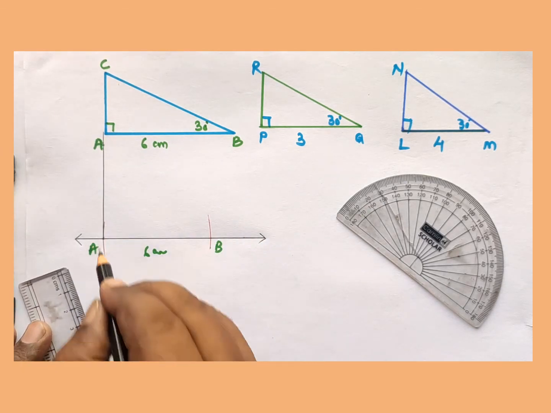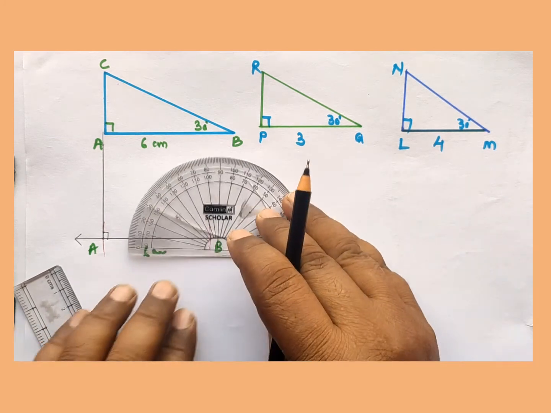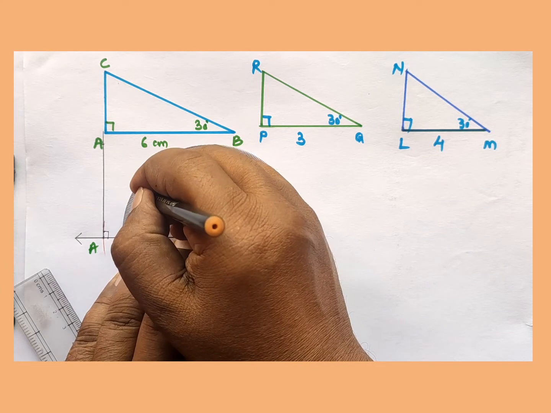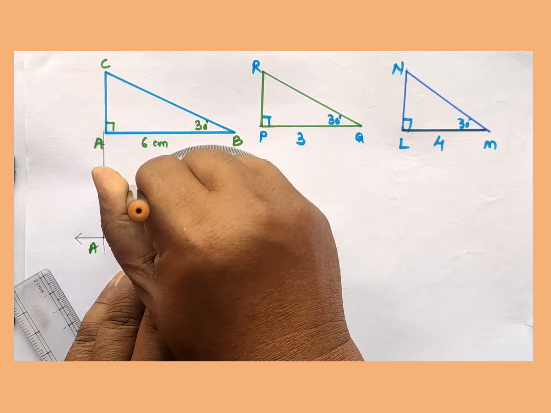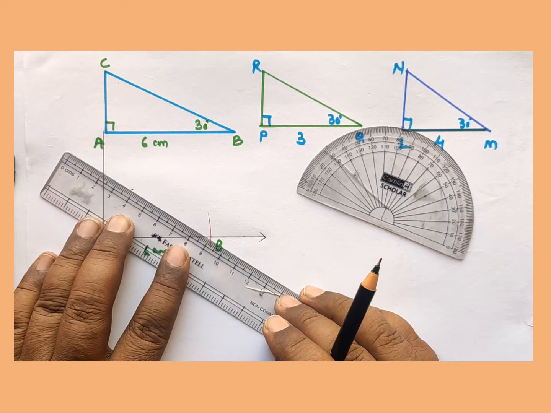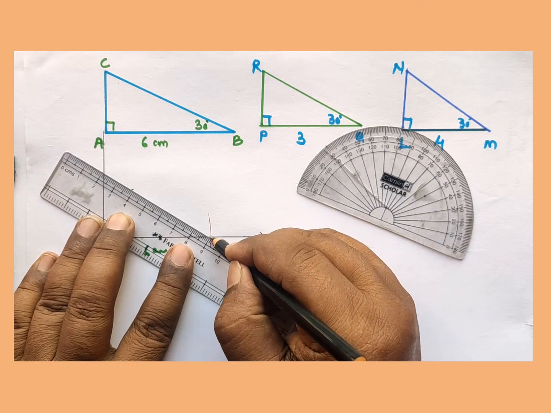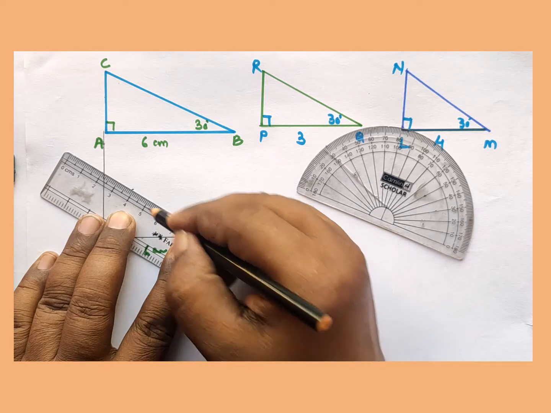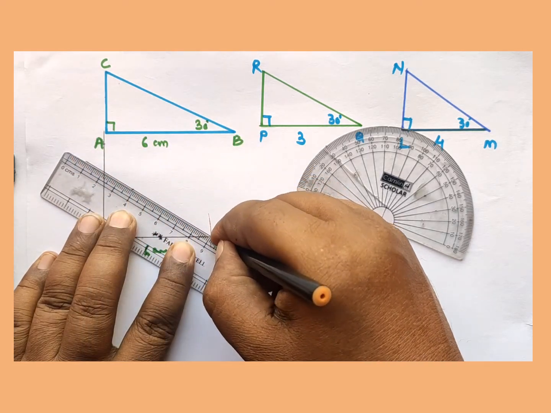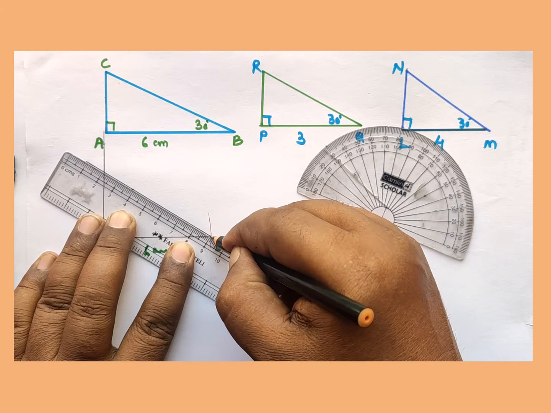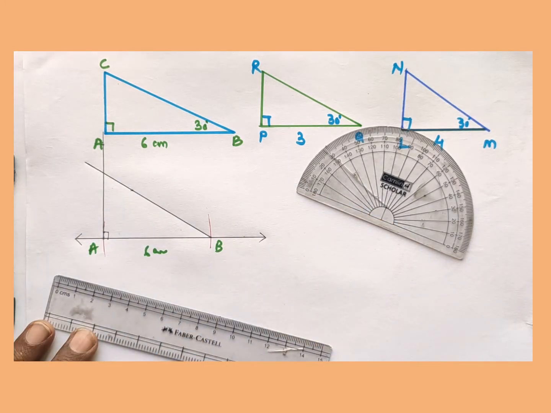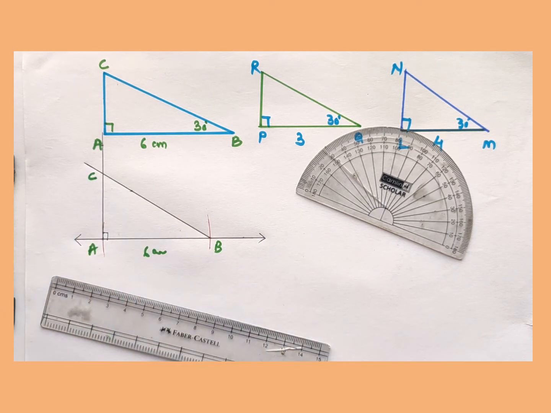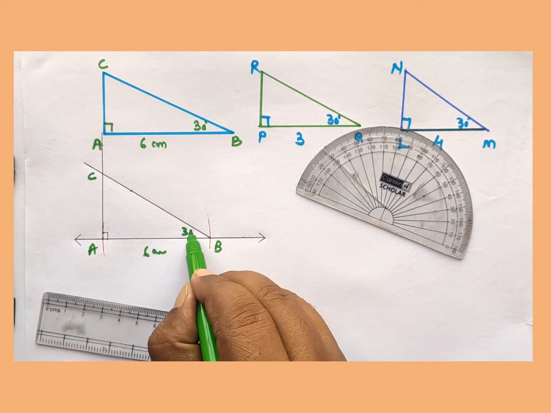Okay, 90 degrees. At B we need to draw 30 degrees. So here is the point. So we got our point C. Now here it is 30 degrees.